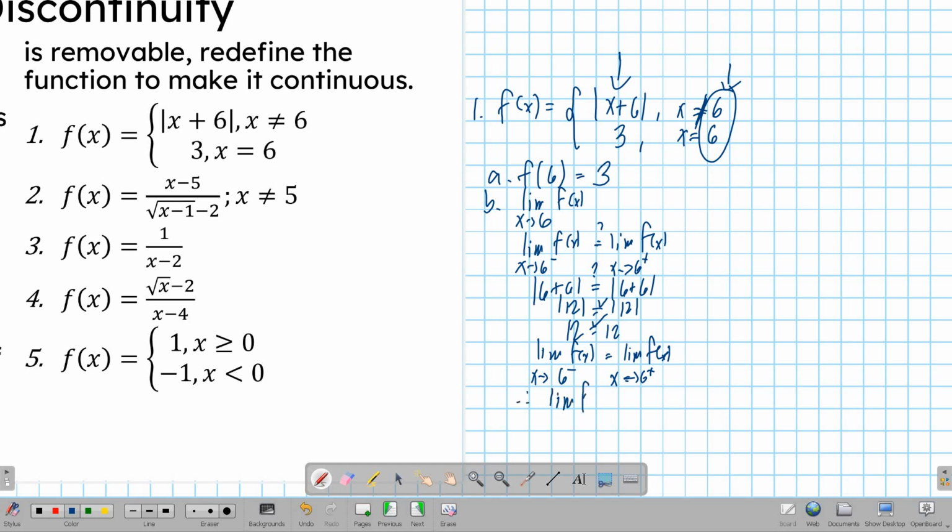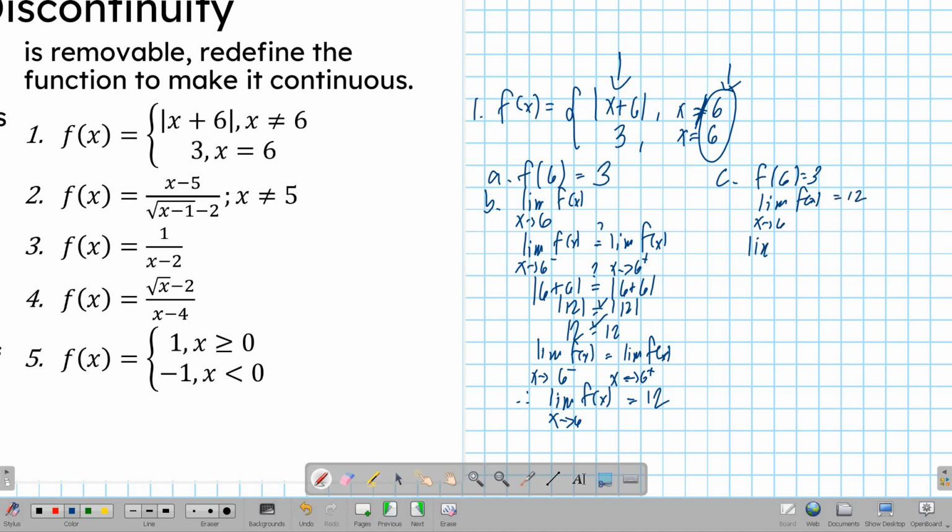Therefore, the limit of f of x as x approaches 6 exists, and that's equal to 12. However, as you can see here, f of 6 is equal to 3, but the limit of f of x as x approaches 6 is equal to 12.